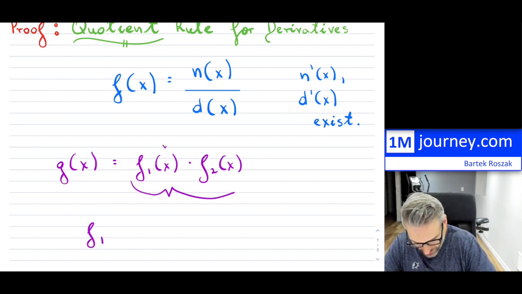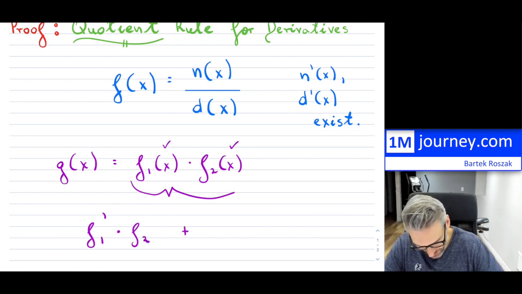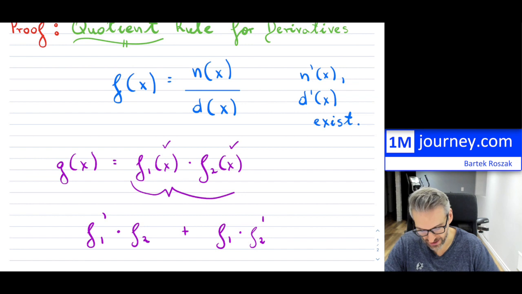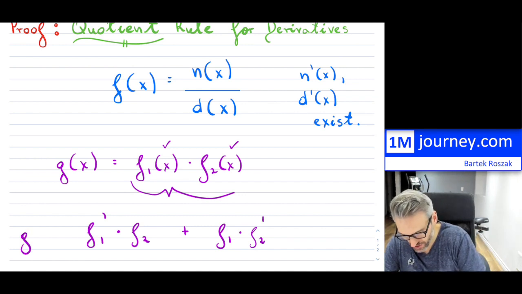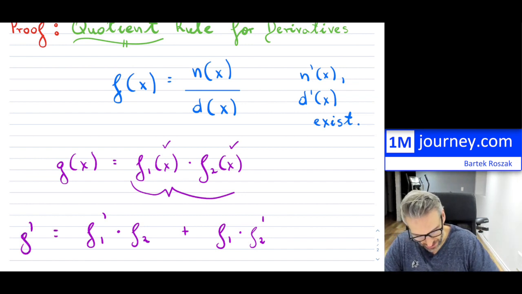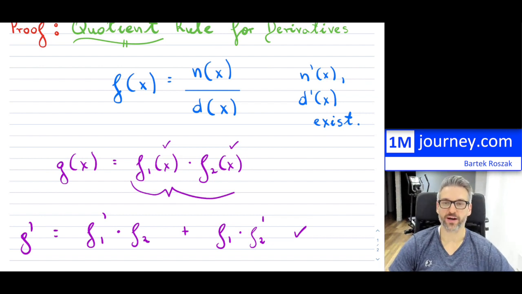I'm going to just drop the x so that I'm not writing the x all the time. So it is the derivative of f1 multiplied by just f2, so we don't take the derivative there, plus the actual f1 stays alone, and then you multiply by the derivative of f2. So that is the derivative of g, and that is utilizing the product rule.